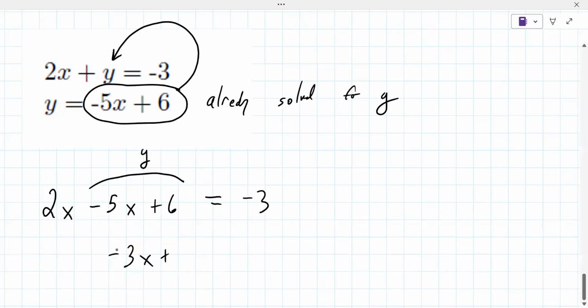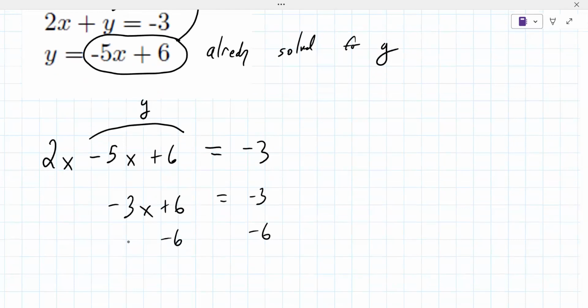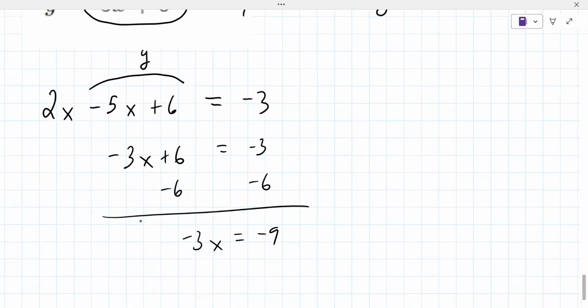Minus 3x plus 6 equals minus 3. When you subtract 6 from both sides, minus 3x equals minus 9. Divide by minus 3, x equals 3. Good.